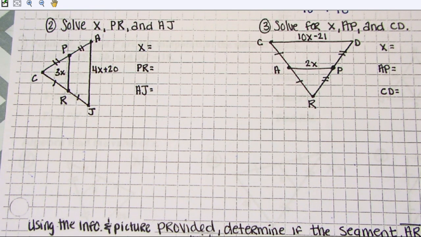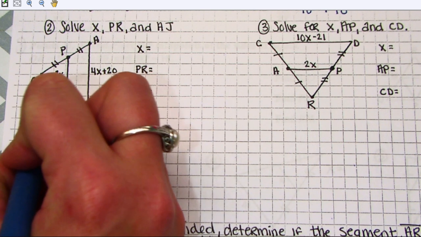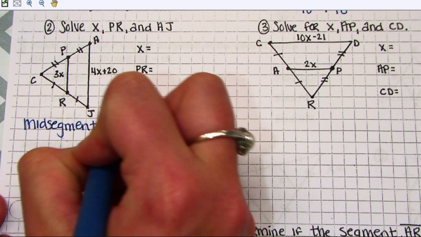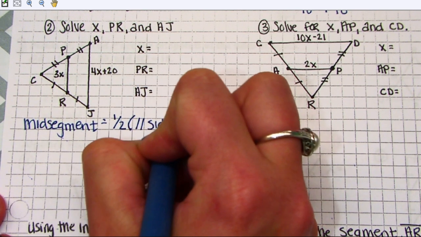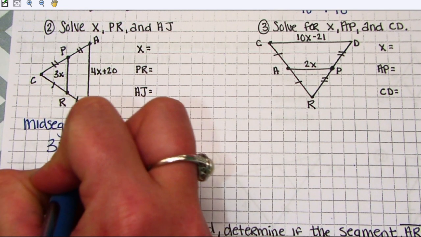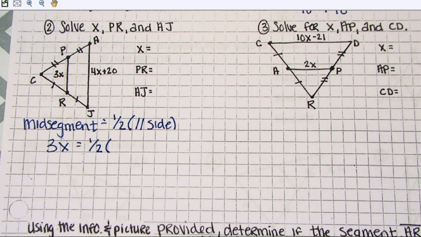3X is our mid-segment. So our formula is the mid-segment equals 1/2 of the parallel side. And in this case, our mid-segment is 3X. What value should we put inside of parentheses?